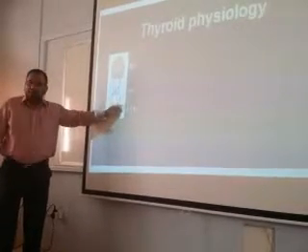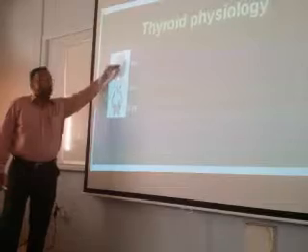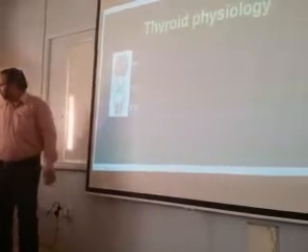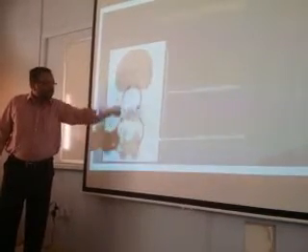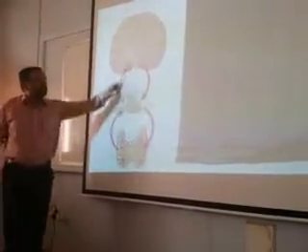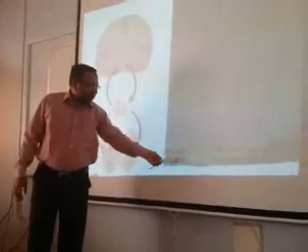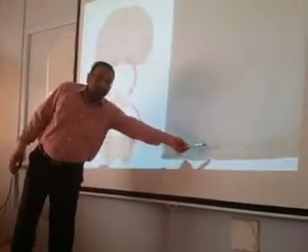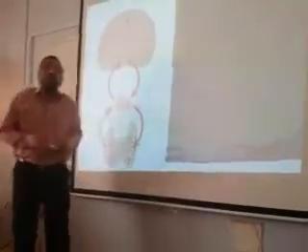If the defect is here, it is primary; here, secondary; and here, tertiary. If the problem is above, it is secondary or tertiary, and here it is primary. If TSH is defective, hormone synthesis is defective and the thyroid growth is also affected.